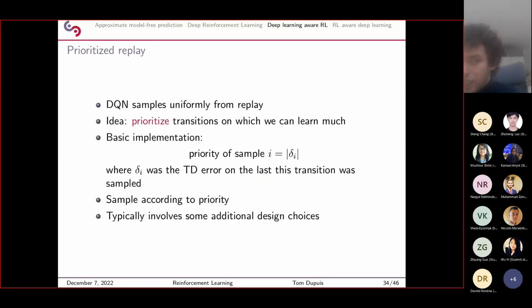So basically, this prioritized replay technique says we want to sample more often from states that have a high TD error, because it means those are new states and potentially interesting states. So that's the whole idea.